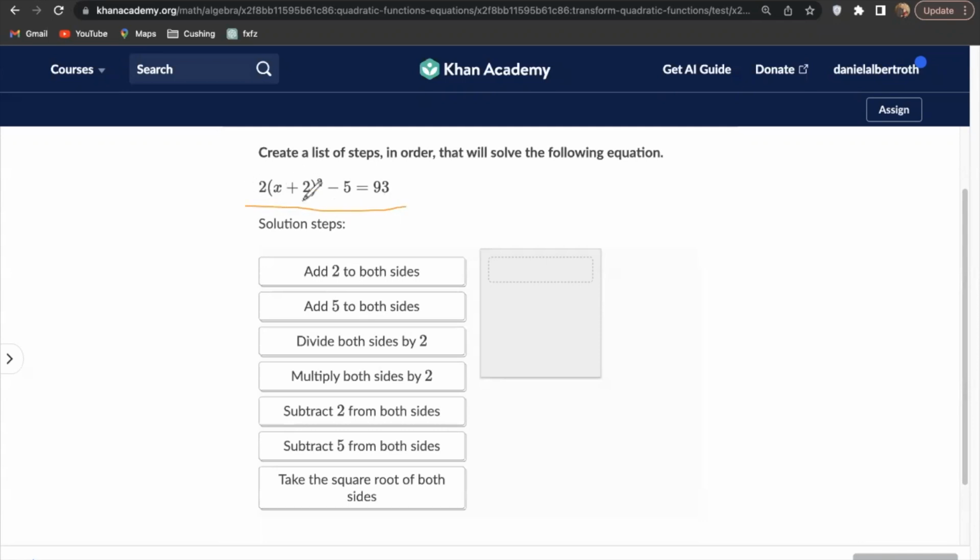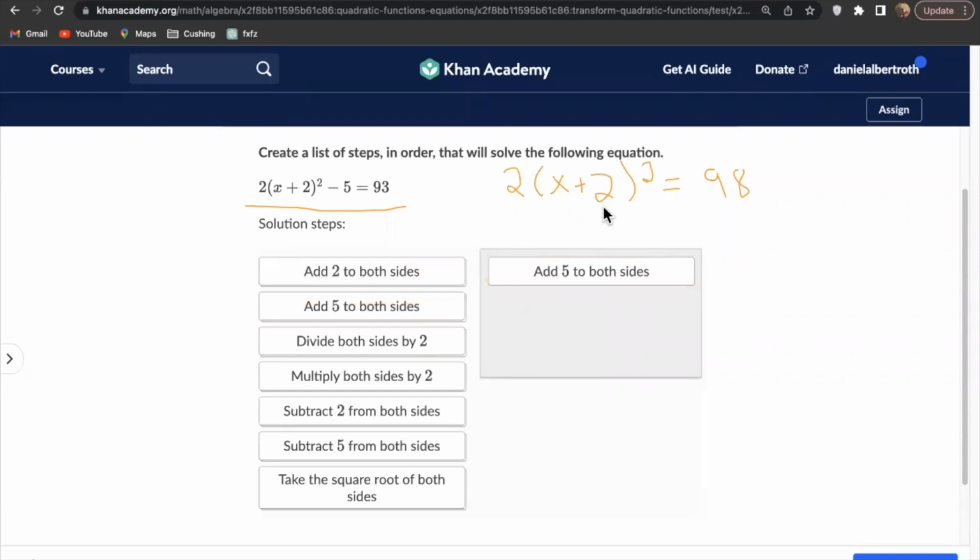Let's think about how you would start to solve this. If you want to isolate the x, I think the first thing you'd probably do is add 5 to both sides. That's just going to give you your constants all together on the right side. So you'll be left with 2 times x plus 2 squared equals 98.